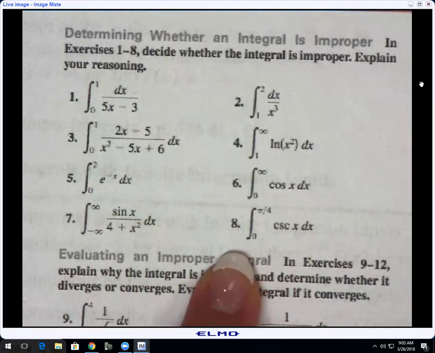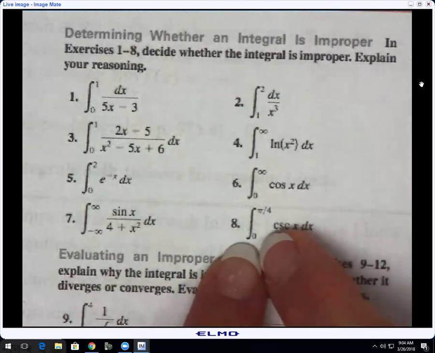Where does cosecant have its vertical asymptotes? Cosecant is 1 over sine, so it has its vertical asymptotes wherever sine is 0, and that is the left endpoint of that integral that we're trying to integrate.